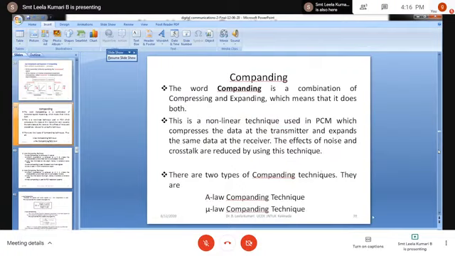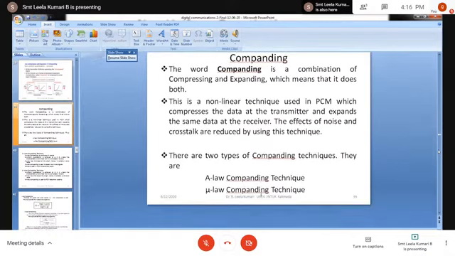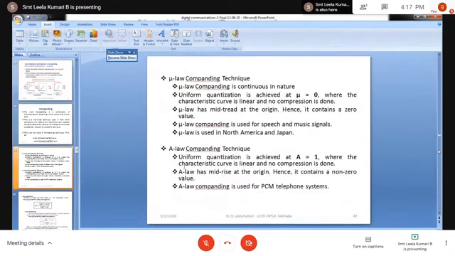So there are two types of compounding techniques, A-law compounding and Mu-law compounding.